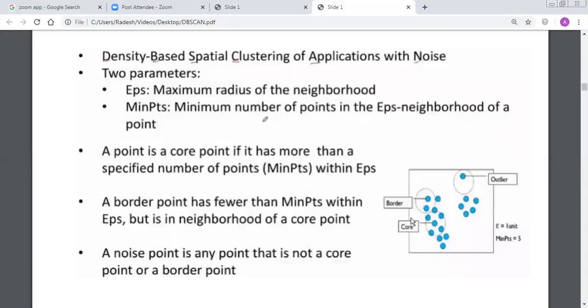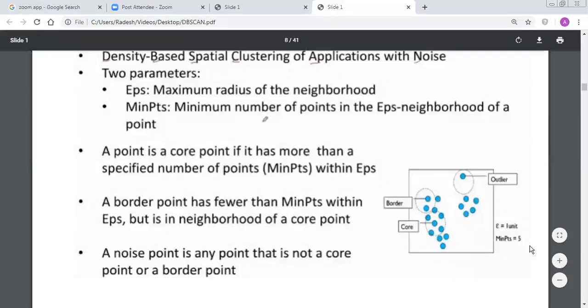And next, the border point has fewer than minimum points within EPS, but it is in the neighborhood of the core point. So a point is said to be a border point if it has fewer than the minimum points. The minimum is 5 points, so it should be less than that.